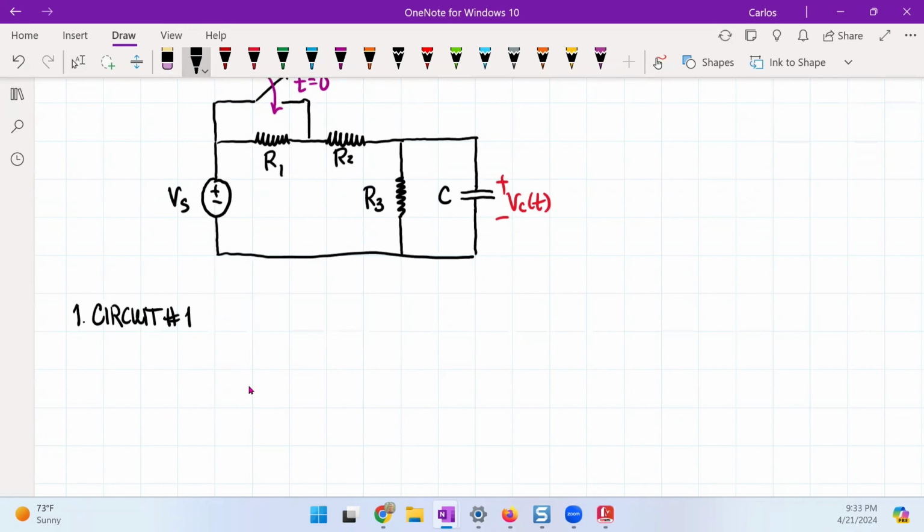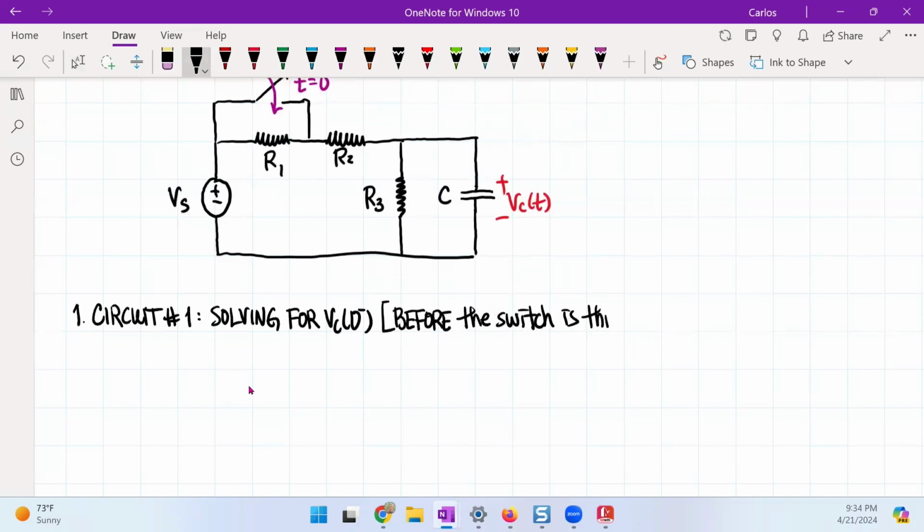In circuit number 1, we are solving for VC of 0 minus. And of course, this happens before the switch is thrown.